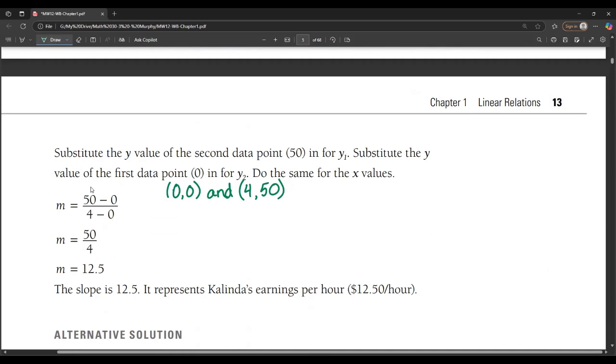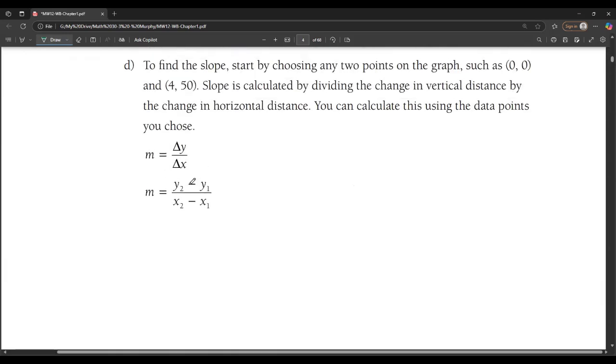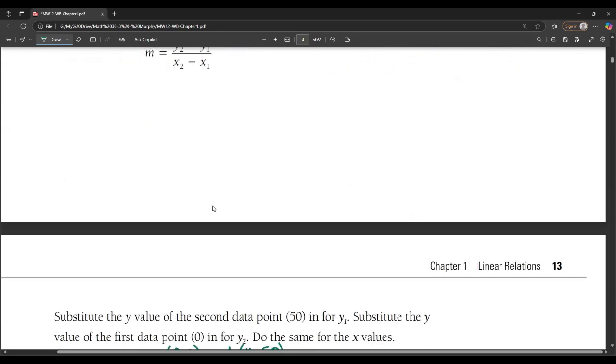And just make sure they match up. So you always put the final one or the end one first. So 50 minus 0. Okay, or the other way you can think about it is this is your ones, and these are your twos in the equation. So see how it goes y2 minus y1, x2 minus x1.